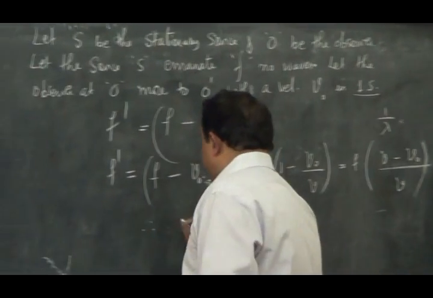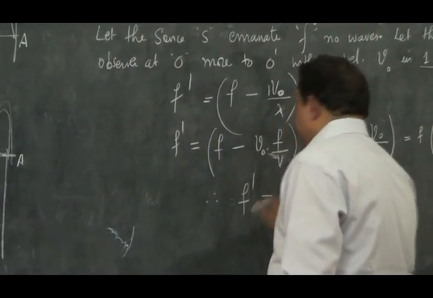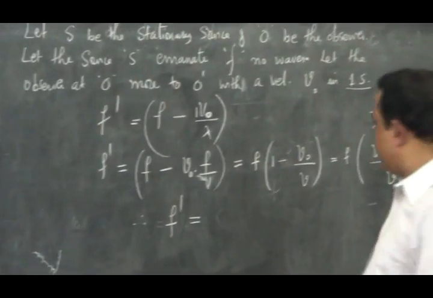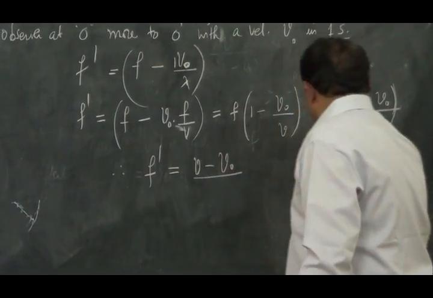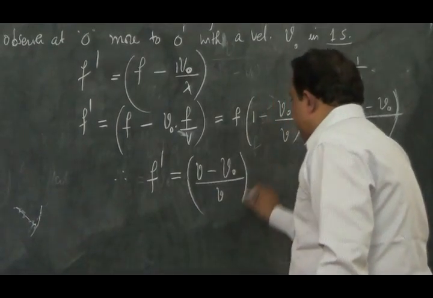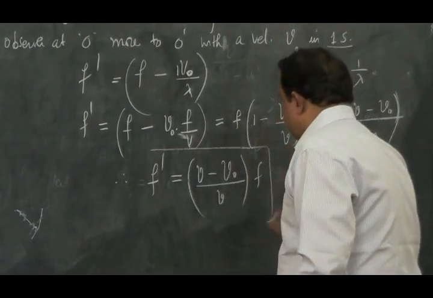Therefore, I get the final formula for the apparent frequency when the observer moves away from the stationary source as V minus V naught divided by V times F. So many terms.